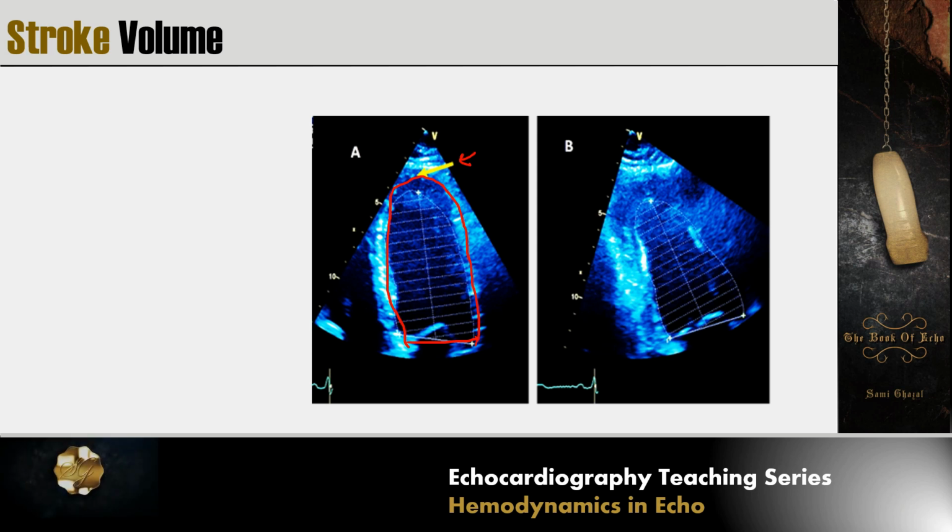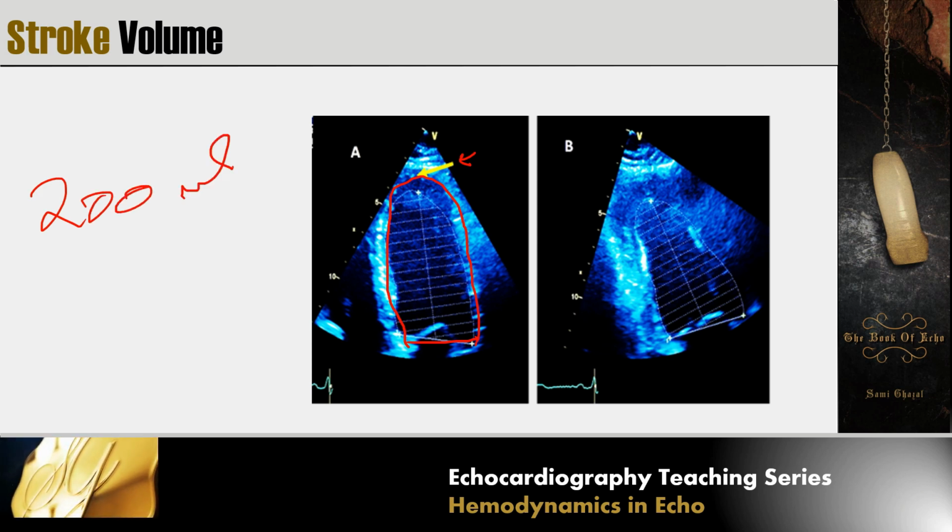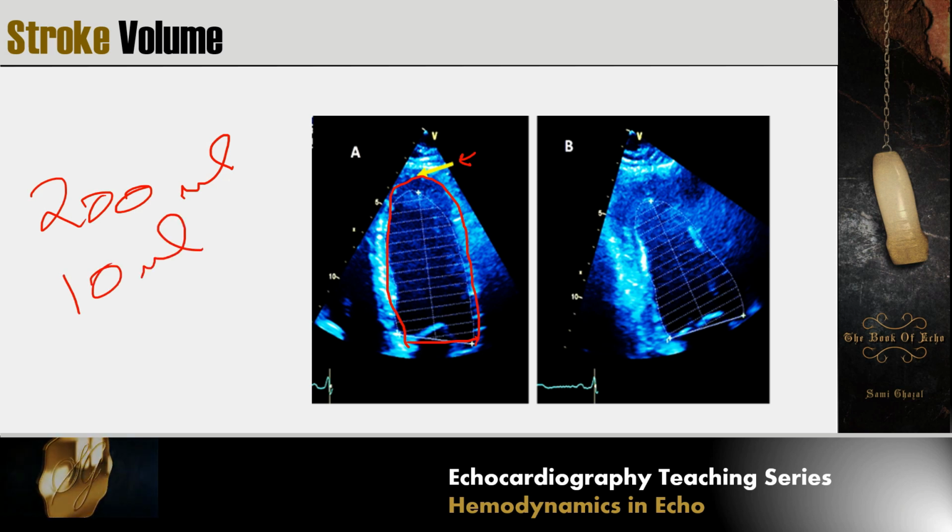So let's assume that it was 200 ml in end of diastole and 100 ml in end of systole. The difference between them is the stroke volume, which is 100 ml.